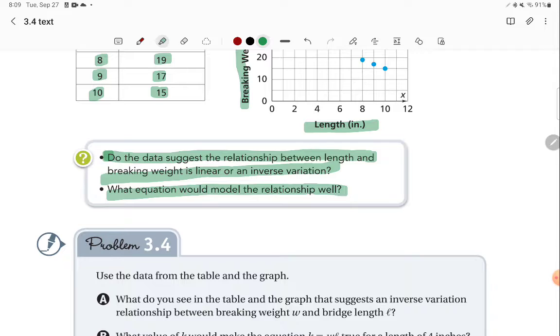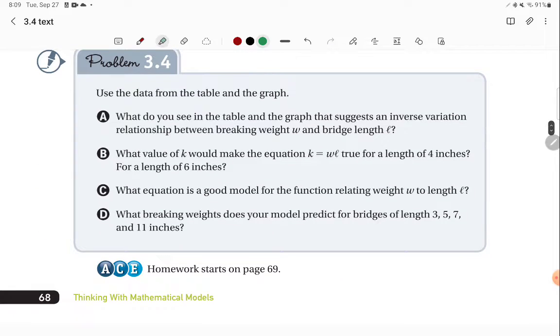These are the questions we're going to try to answer by answering these questions down here, A through D. Problem A says, what do you see in the table and the graph that suggests an inverse variation relationship between breaking weight and bridge length L? Go ahead and try to answer that question on your own if you haven't already. Pause the video and then come back.